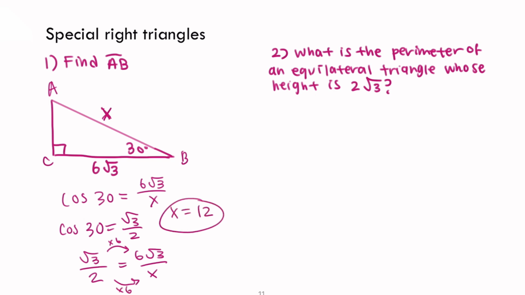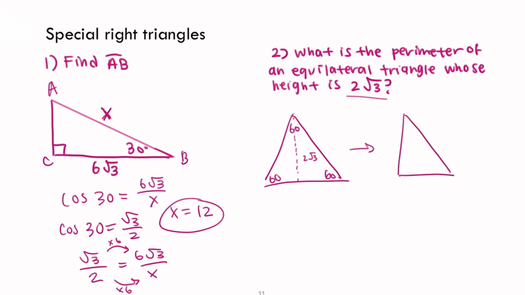And number 2 says, what is the perimeter of an equilateral triangle whose height is 2 radical 3? So if we have an equilateral triangle right here, we know that all the angles are going to be 60 degrees. And if the height right here is 2 radical 3, just split up this triangle into a right triangle, right?